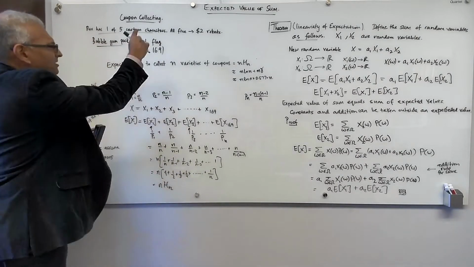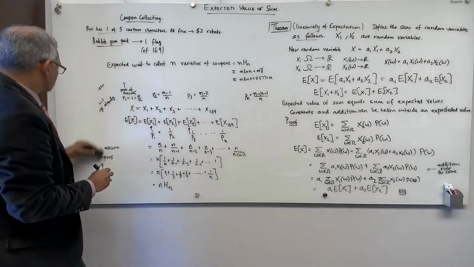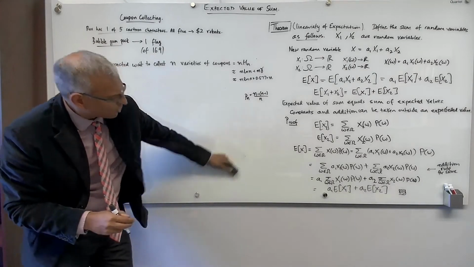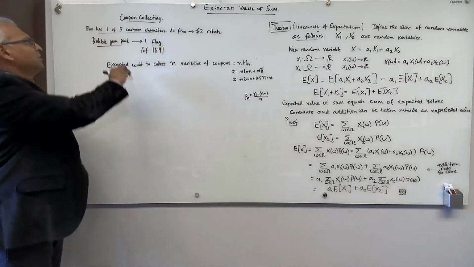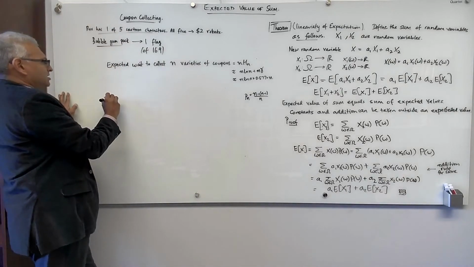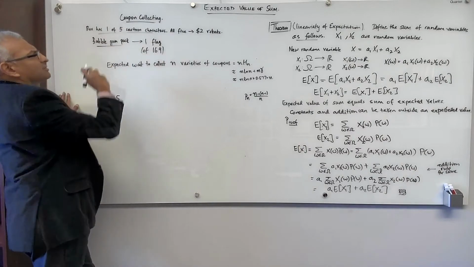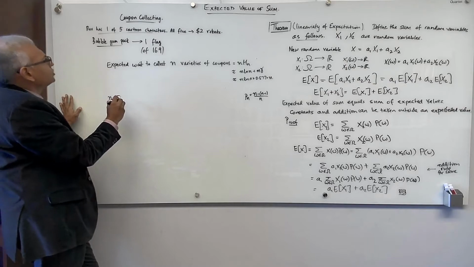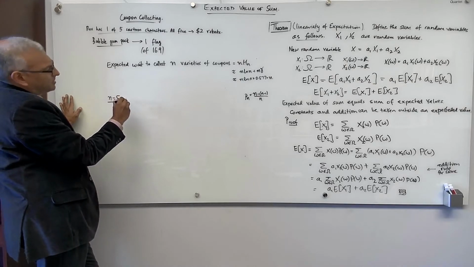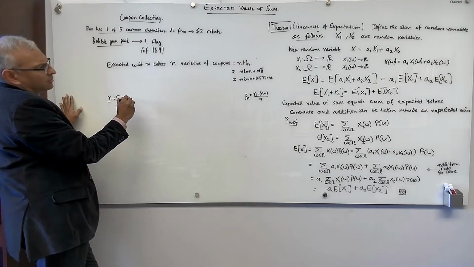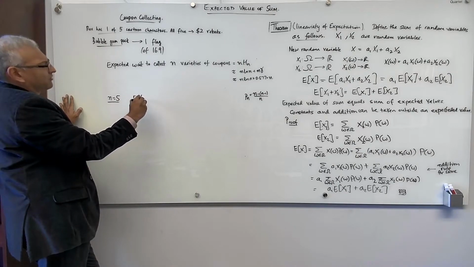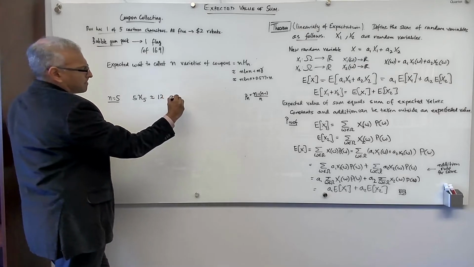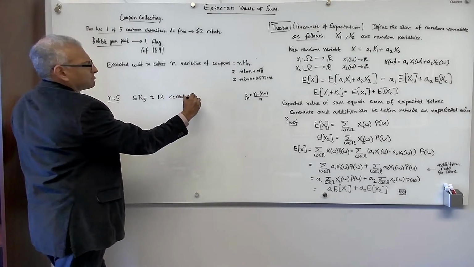Done. Okay, let's apply this to these two examples. First, the coupon collecting for the cartoon characters in the cereal boxes. So n equals 5. There are 5 characters of cartoons. So you need to buy approximately 5 H of 5, which is approximately 12 cereal boxes.